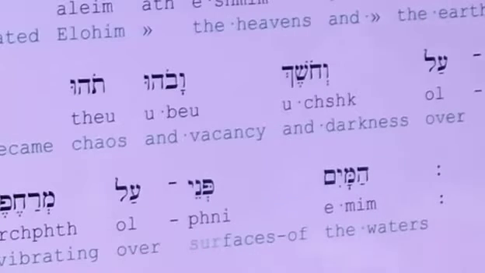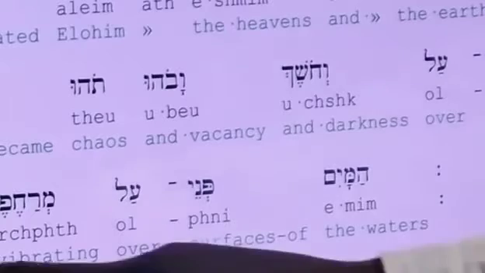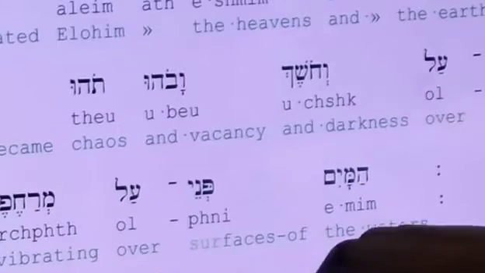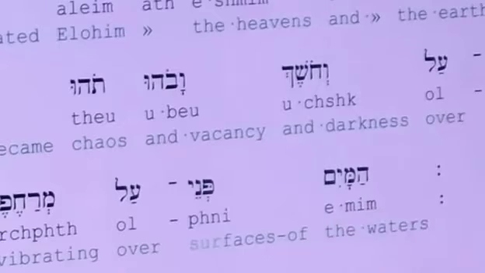As you're reading, the English is not necessarily going to make sense to the English reader, because this part here is not translated for the sake of the English reader. It's just a literal translation of the words that are provided in Hebrew.